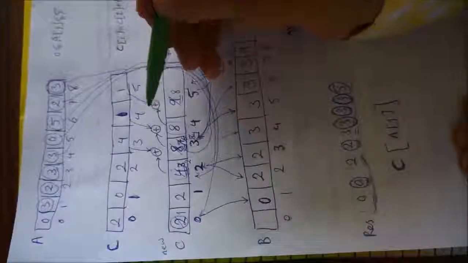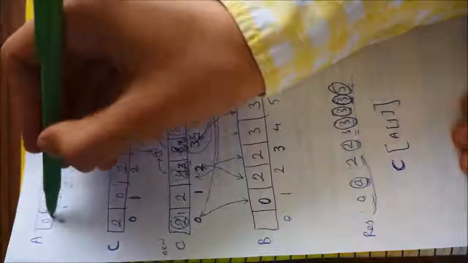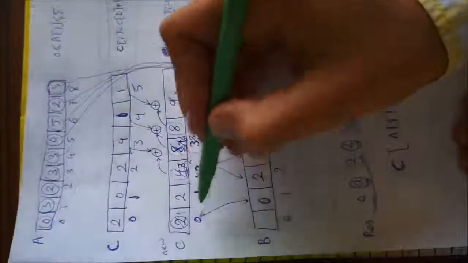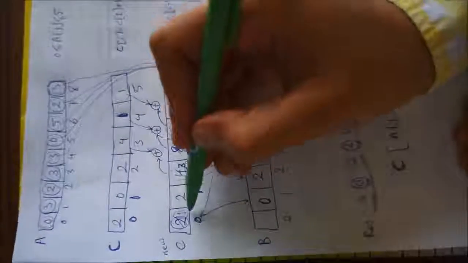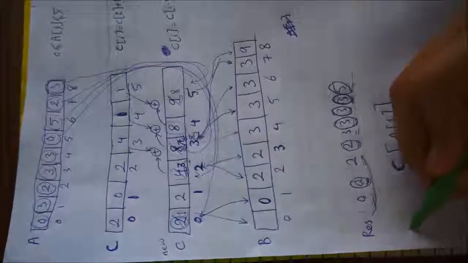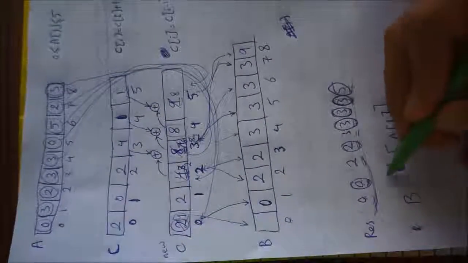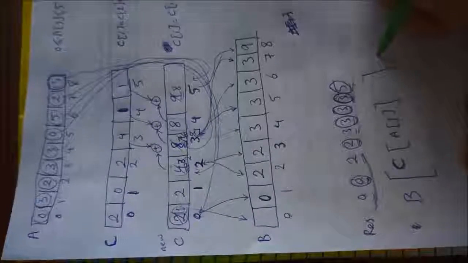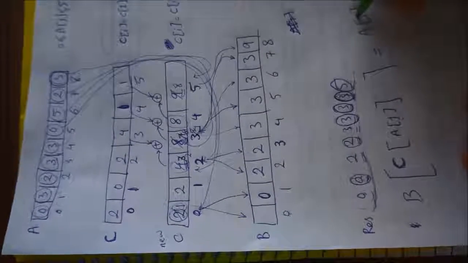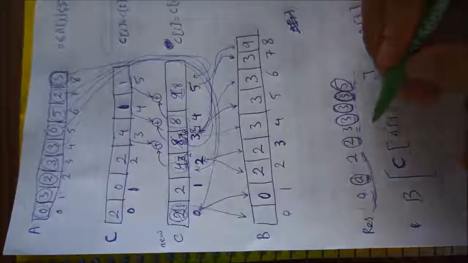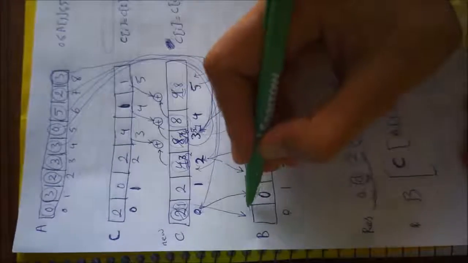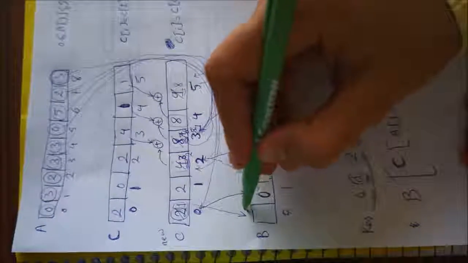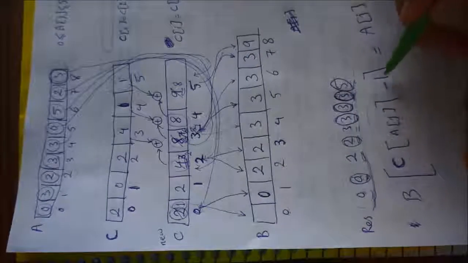For example, if we were talking about this one now, we take that 0, we go to C of 0, and that's number 1, okay? So we put the 0 in the first position, in B. So B of the first position is going to be that Aij, that's 0. Remember that first position means index 0. So this is 1. So I have to decrease it by 1 to adjust the position, because the indices in B start from 0. That's why I have the -1 here.